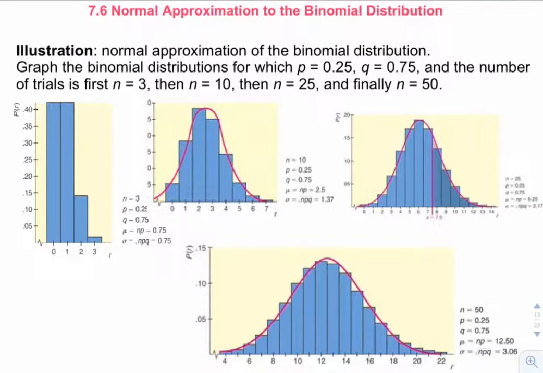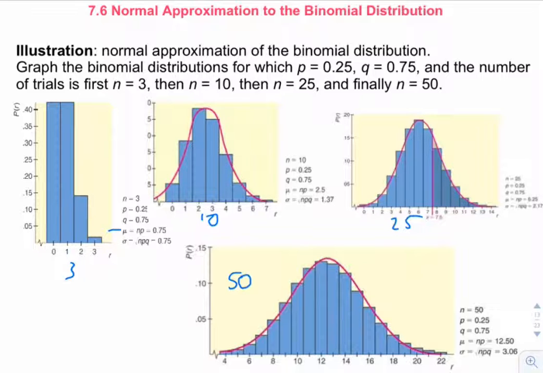So here we are looking at n equals 3, 10, 25, and 50 all together, and you can see that as n increases, it looks more and more like a normal curve. Same p, 0.25, for all of them. Let's look over here, we have the mu, n times p.